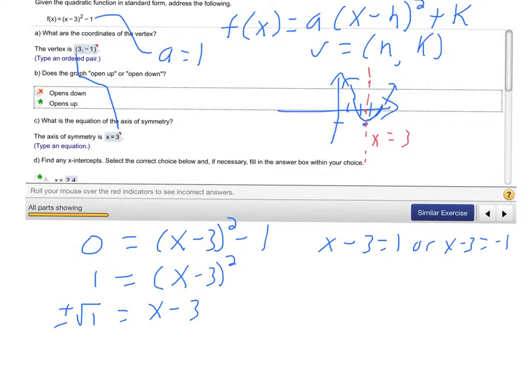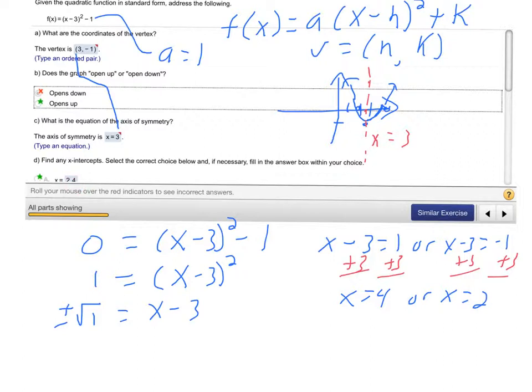So if I add 3 to both sides, I'll get x equals 4, or x equals 2. And so that's where it crosses the x-axis, at 2 and at 4. I can't see it very well, but it shows 2 or 4 here.